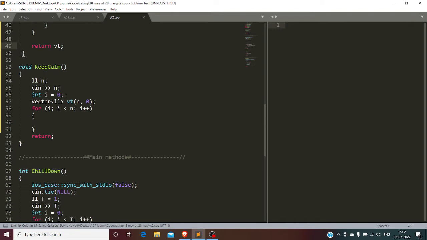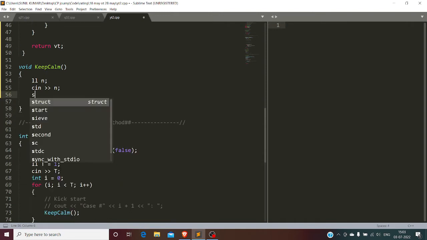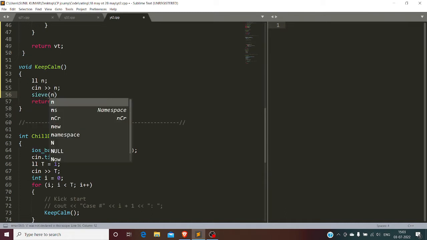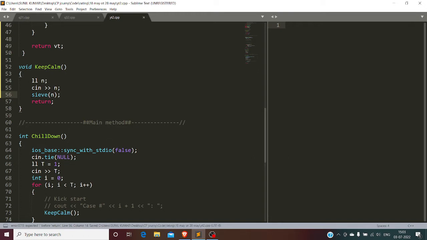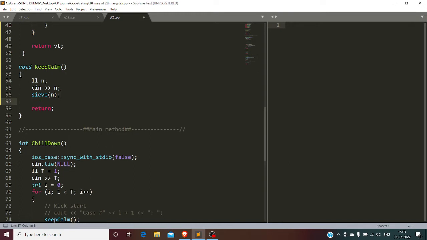Now let's call it by inputting n, then we call Sieve with n, that is the upper limit, right? Now what we are saying is we are given n as an upper limit, and we are given multiple numbers between 1 to n, and we need to print whether they are prime or not. So let's print for all the numbers from 1 to n whether that is prime or not, right?